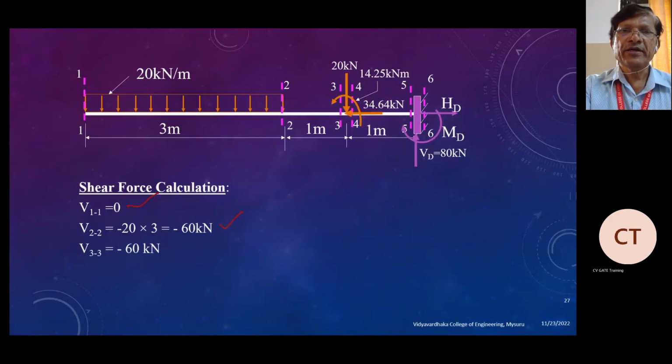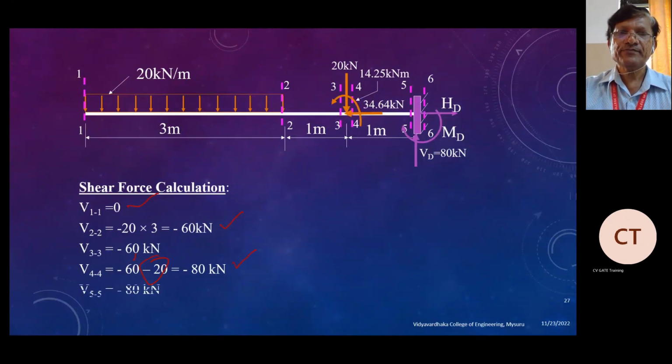Similarly, at 3, the left side of 3 is to be considered, so that will be only 60 kilonewton in the negative direction, because from the section it is acting downward, so it will be negative. At 4, whatever 60 is there from here will be transferred here, and this is the force acting here, 20 kilonewton acting downward again. So you will get 80 kilonewton.